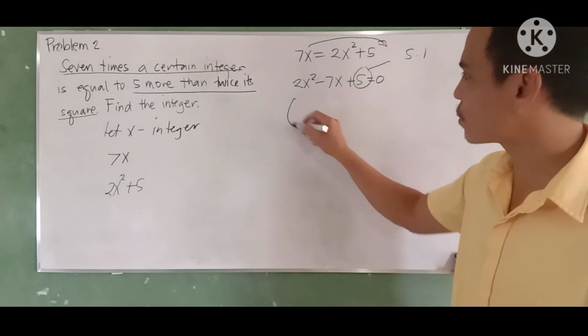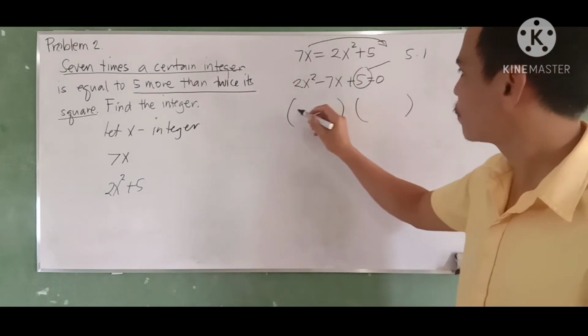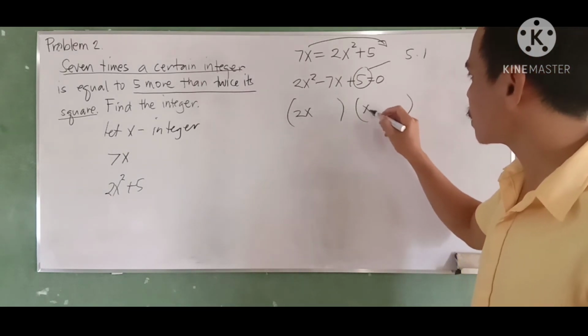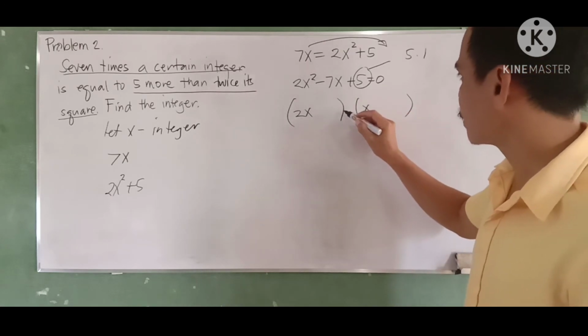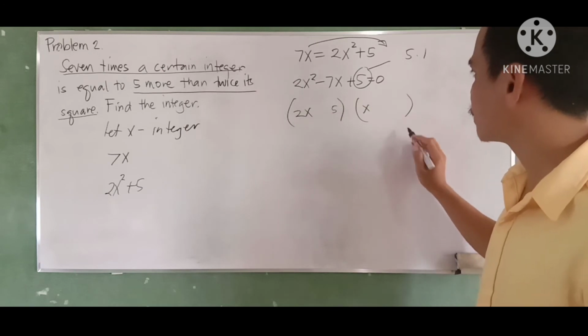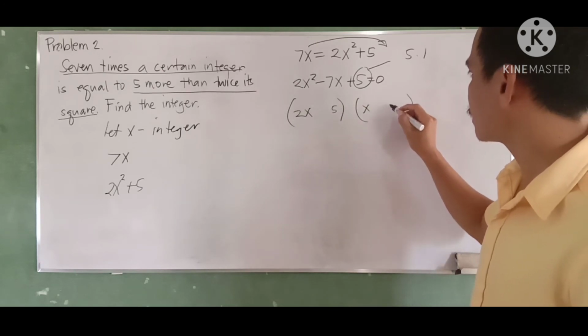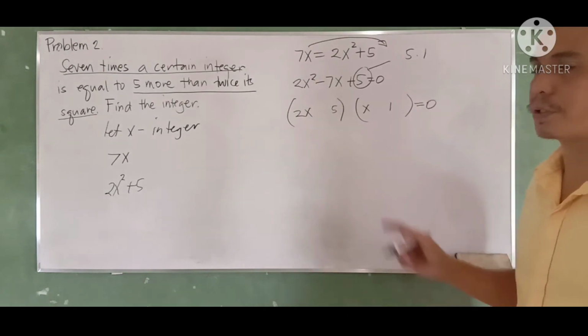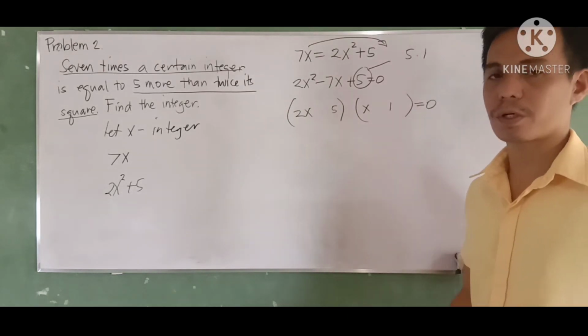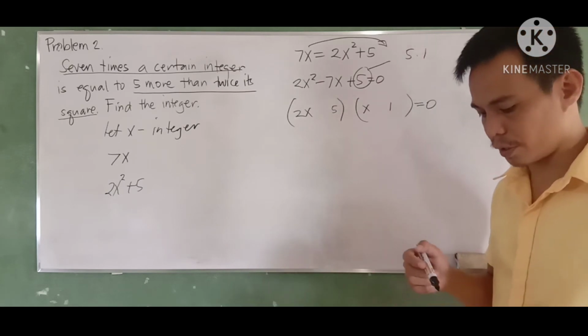So therefore, factors are 2x, x, then we have 5 and 1 is equal to 0 by using zero product property of the real number.